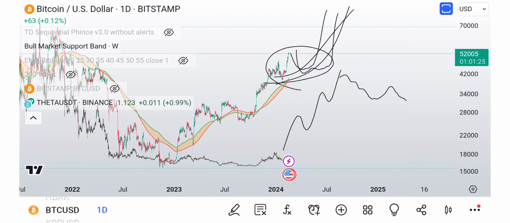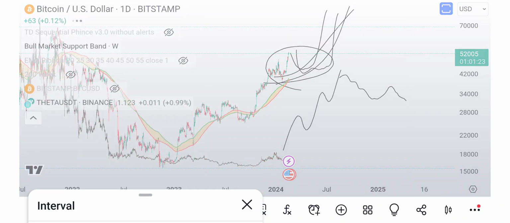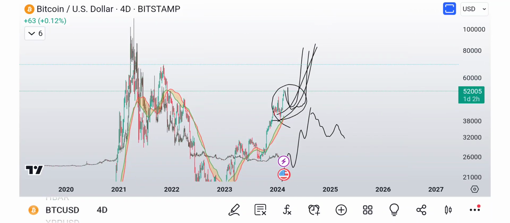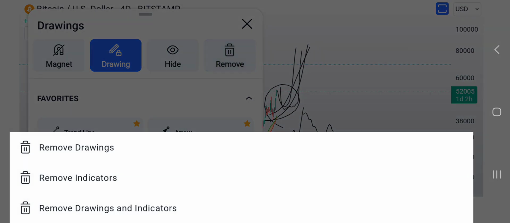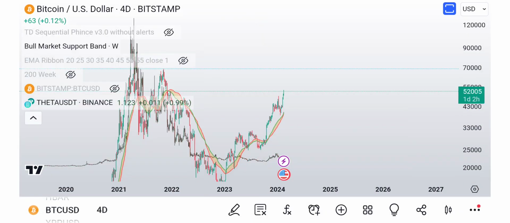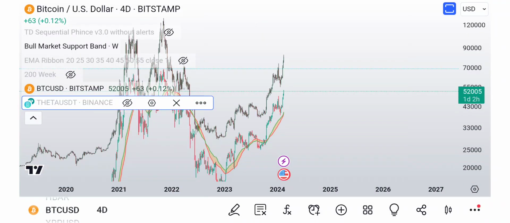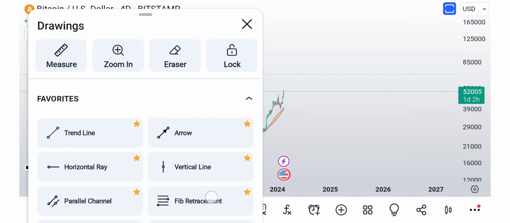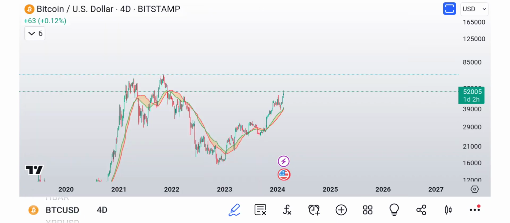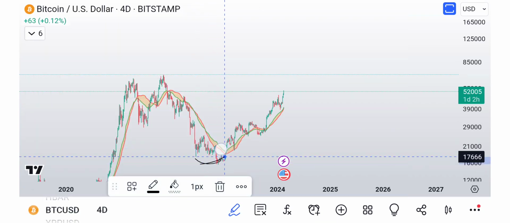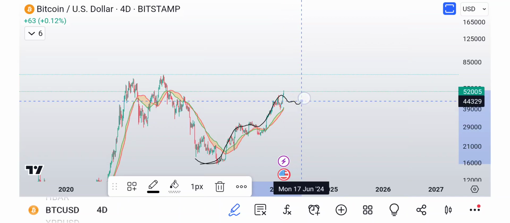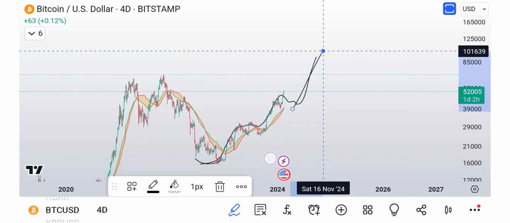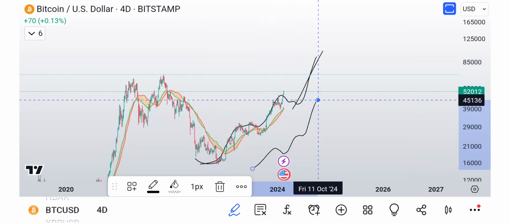So if Bitcoin makes it and breaks out to a new all-time high, then what are we looking at? Then what we want to see at that point is figure out where Bitcoin's going to top out. So we range in here, we range in here, we range in here, we break out. As we break out, that's when Theta is already up here.